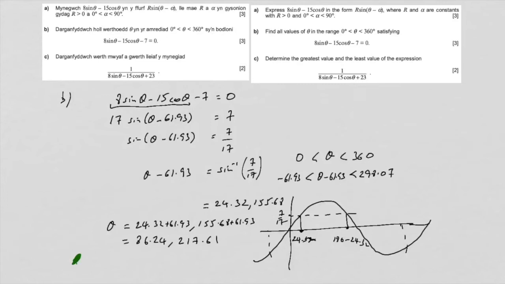So you'll type into your calculator 8 sine of 217.61, minus 15 cos of 217.61, take away 7, and this gives me, just rounding off, 4.8 times 10 to the minus 4, which is tiny. It's not quite 0 because we rounded off the angles, but it's close enough to 0 to make us feel confident that we've got the right answer there.